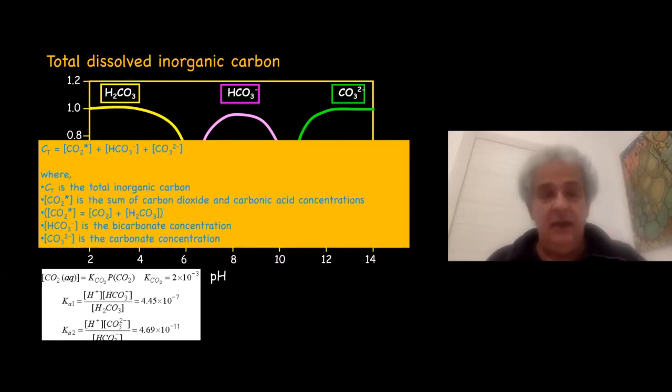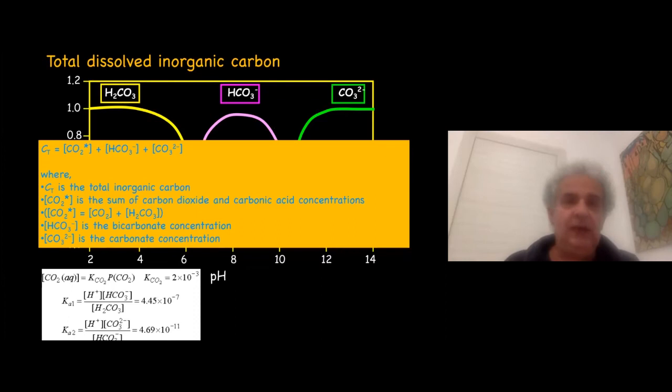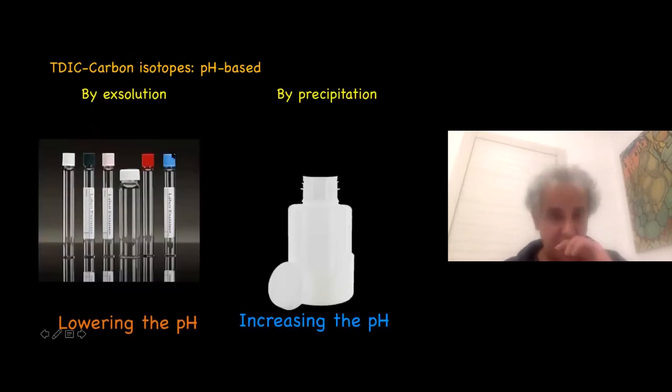And this is the meaning of the total dissolved inorganic carbon. Basically, the inorganic carbon is the sum of these three terms, where CO2 with an asterisk is the sum of carbon dioxide and carbonic acid. Then we have the concentration of bicarbonate and eventually the concentration of carbonate.